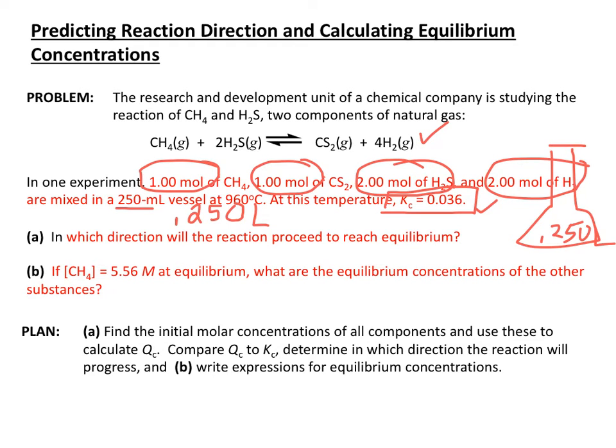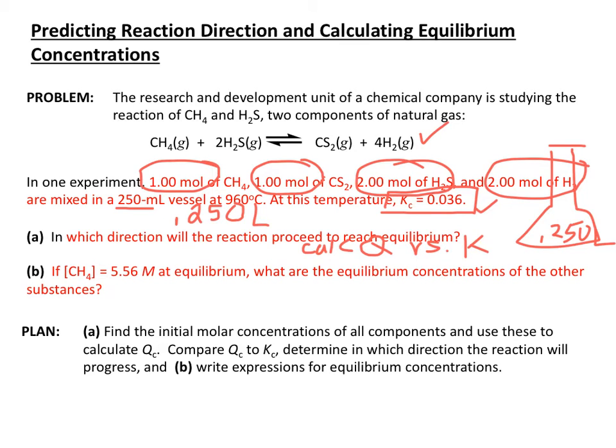So at first the question in part A says, in which direction will the reaction proceed to reach equilibrium? So when you see a question like that, you're basically going to need to calculate Q. So you have to calculate Q and then compare it to K. In order to calculate Q, we're going to have to write the expression.